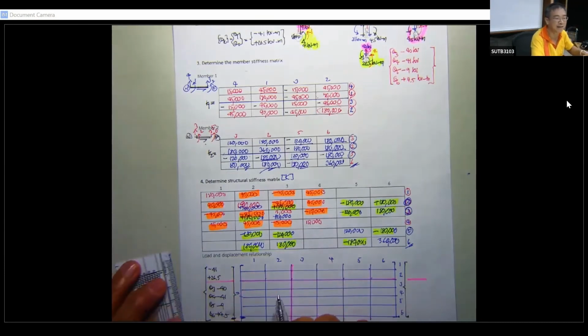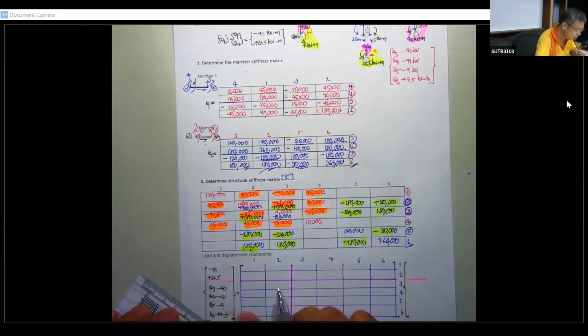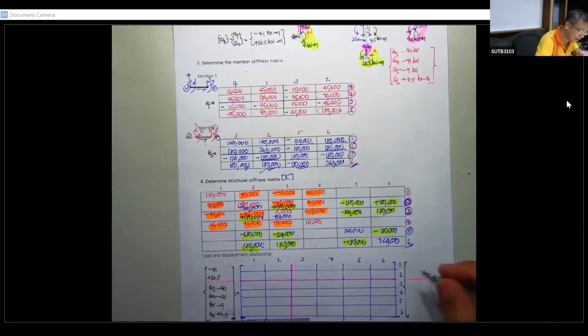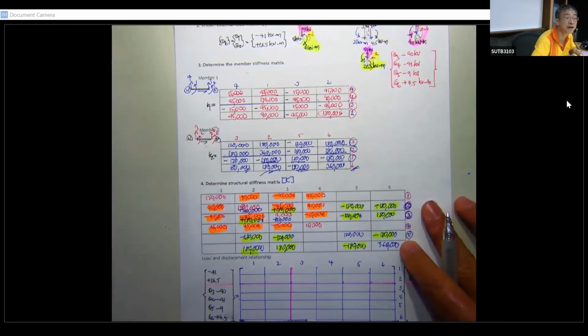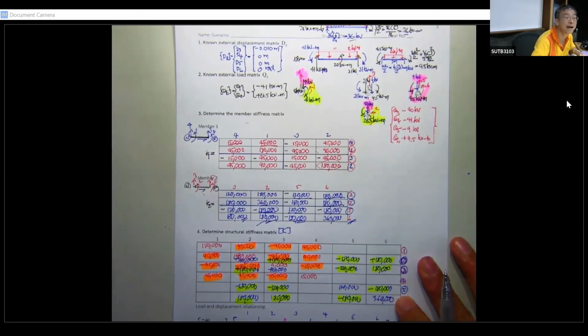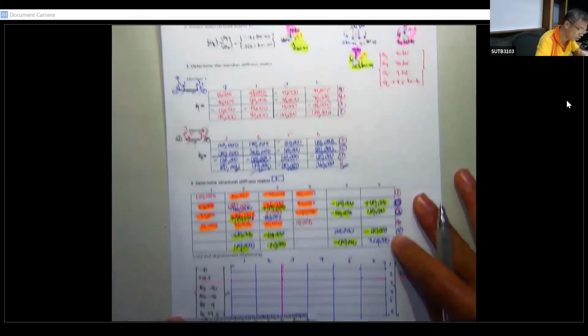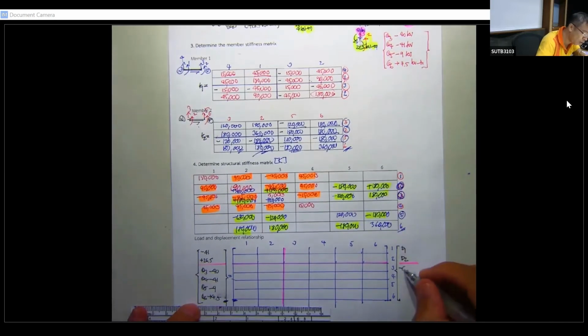Okay, just erase this one a little bit to make it clearer. And this one is going to be D1, D2, and then you have the deflection here only minus 0.0010, minus 0.010 meter, and then 0, 0, and 0.